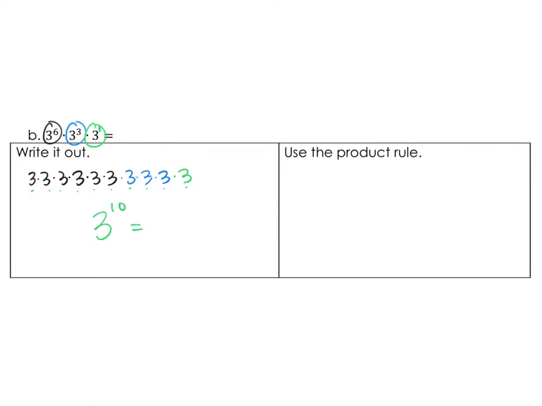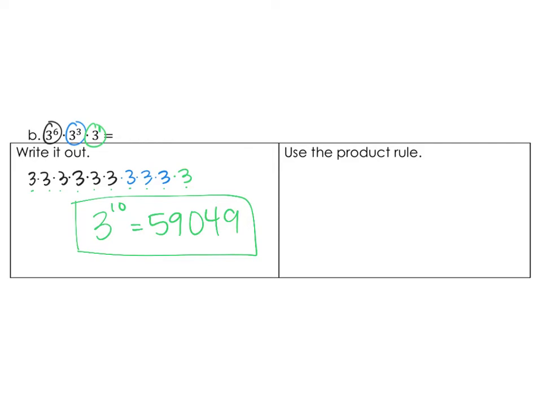Now, in this situation, I can type in 3 to the 10th power into my calculator, which gives me 59,049. Either one of these is the same thing, but whenever you're able to evaluate it, I would do so in your calculator.